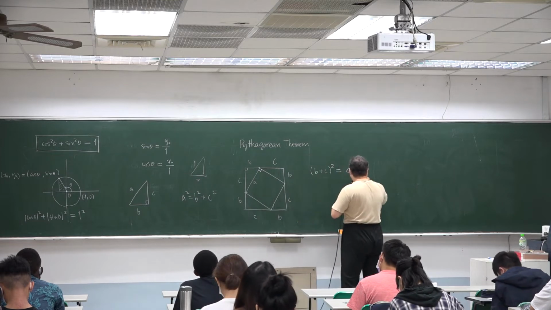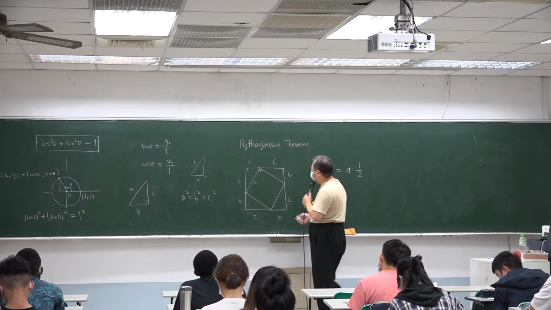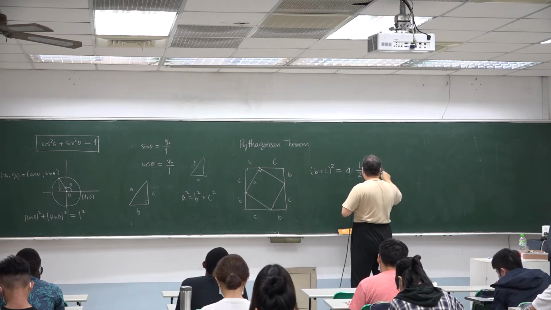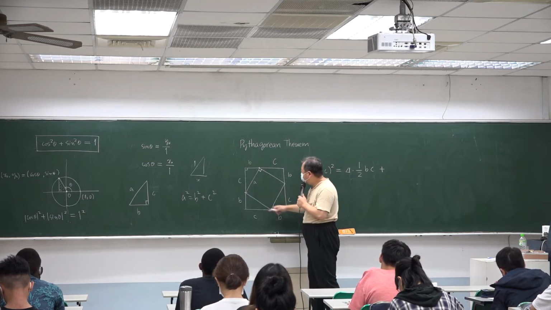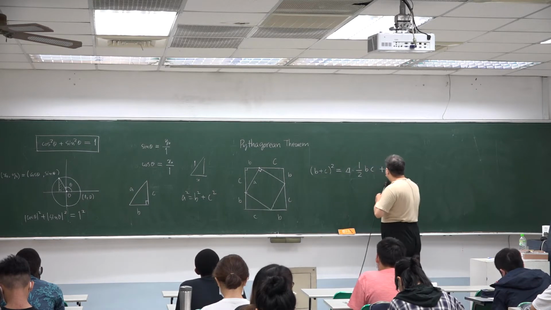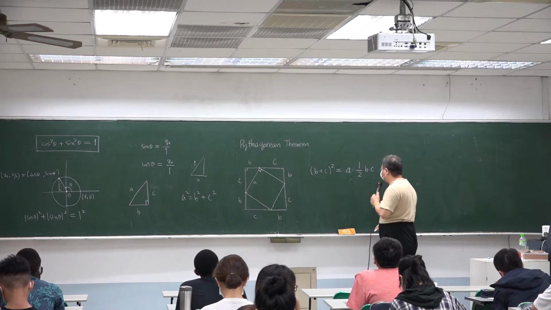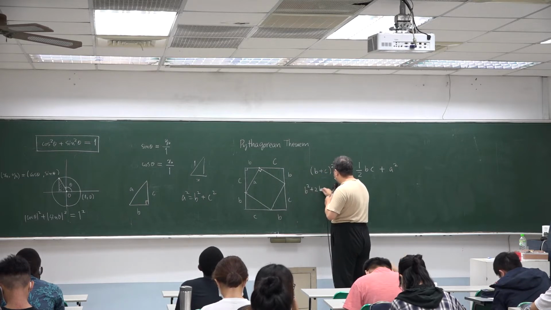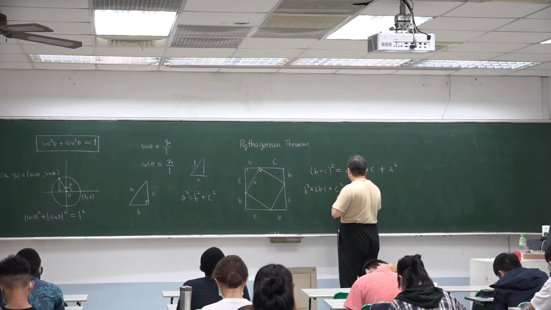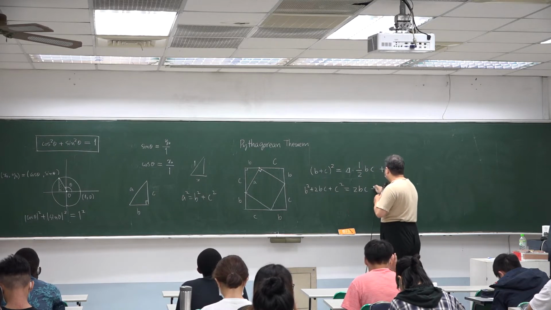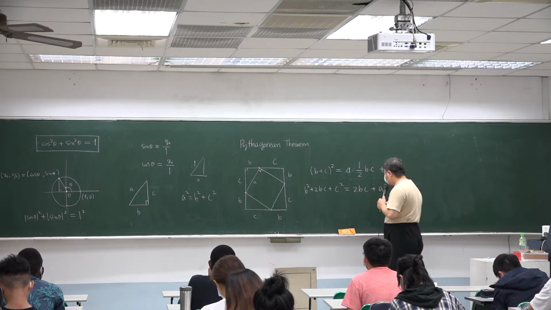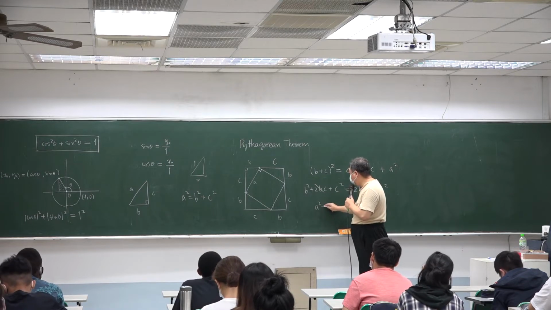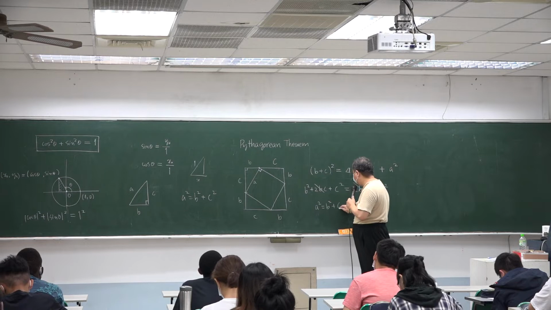The area of each triangle is half times BC. Also, this is a square whose area is A squared. Then we obtain B squared plus 2BC plus C squared equals 2BC plus A squared. So finally we obtain A squared equals B squared plus C squared.